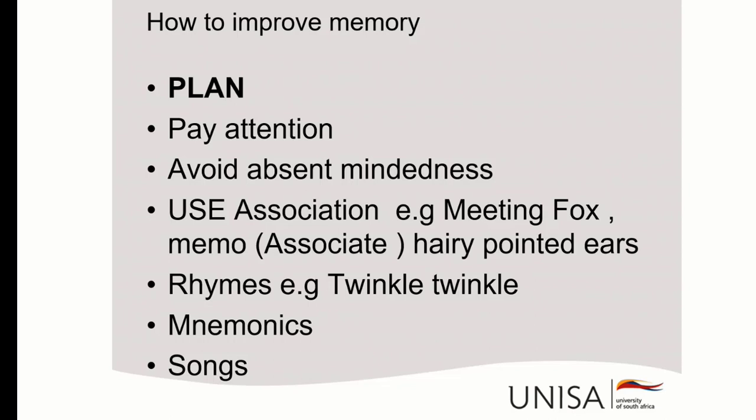So, okay, I meet him the next time. Oh, sharp pointed ears, Fox, oh, Fox. So, hello, Mr. Fox, that's how you will remember, using the association, meaning any work that you are studying that you might be struggling to capture, use that method. Try and use it and see if it cannot work for you.